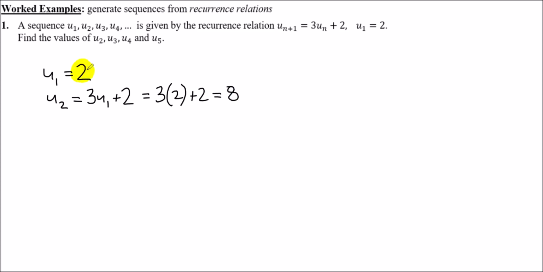So u1 is 2, u2 is based off u1, which is 2, so u2 we now have is 8. So it's just iterative, it goes again and again.